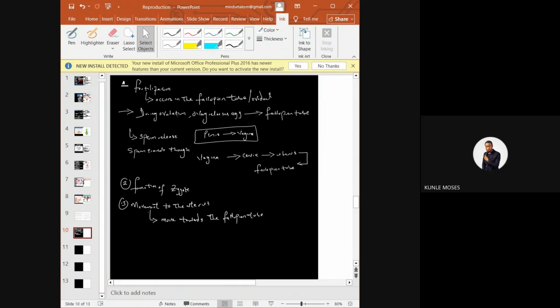So we are talking about how reproduction occurs in ladies. We started with the first step, which is fertilization. We said fertilization occurs in the fallopian tube. When ovulation occurs, there will be release of eggs into the fallopian tube, right? During sexual intercourse between a guy and a lady, sperm is always released.